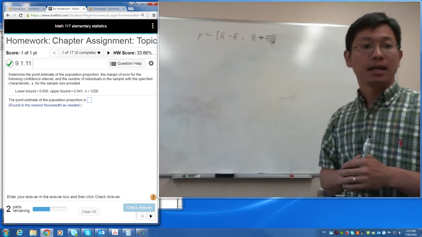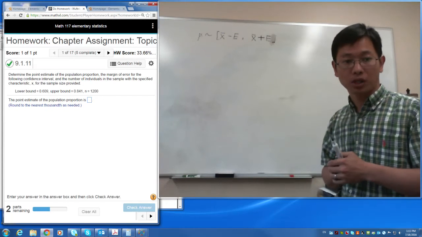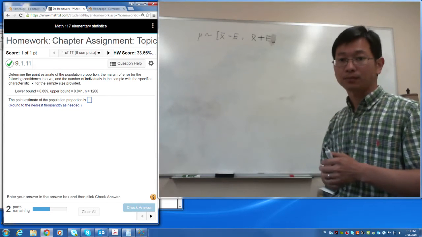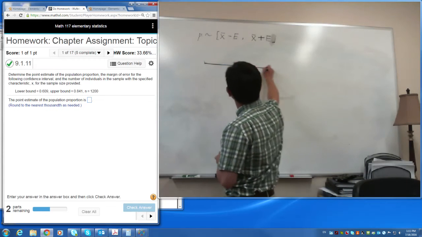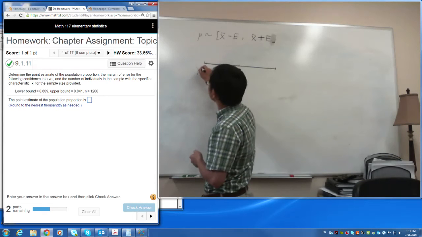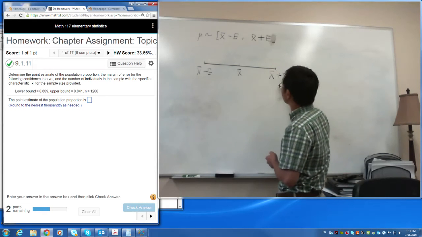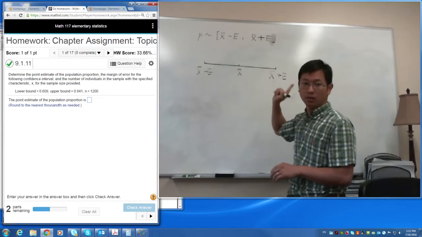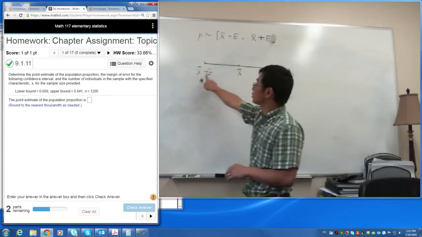The first one is: the point estimate of the population proportion is what? Basically, the point estimate is in the middle: the lower bound is x bar minus E, and the upper bound is x bar plus E. This problem is very nice because it gives you the lower boundary and upper boundary.